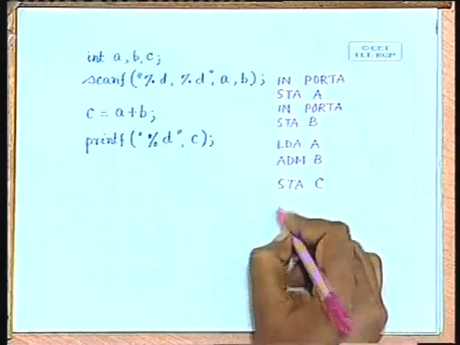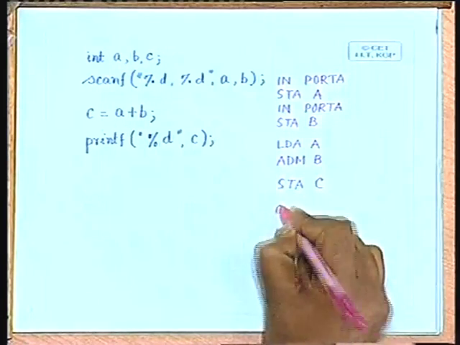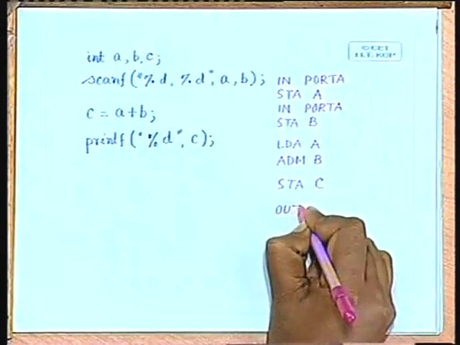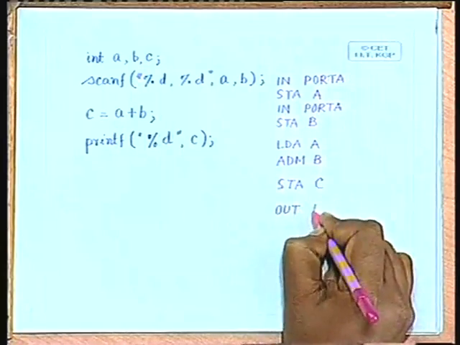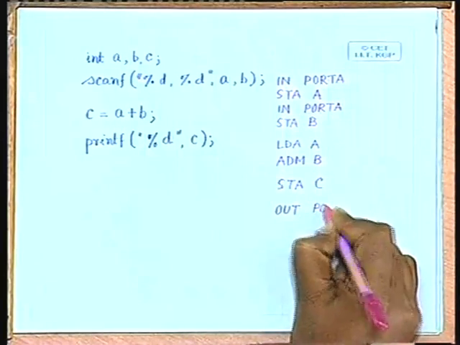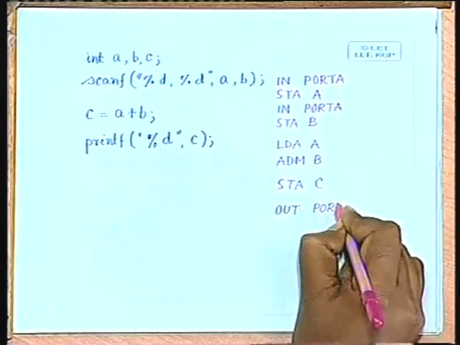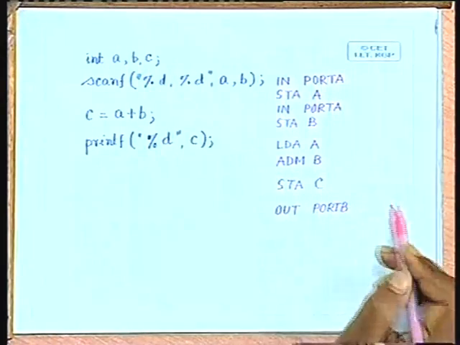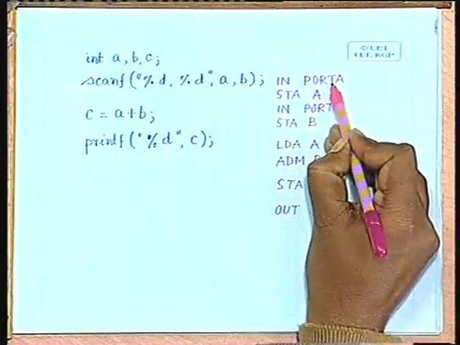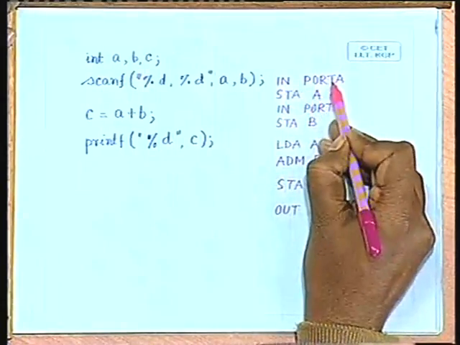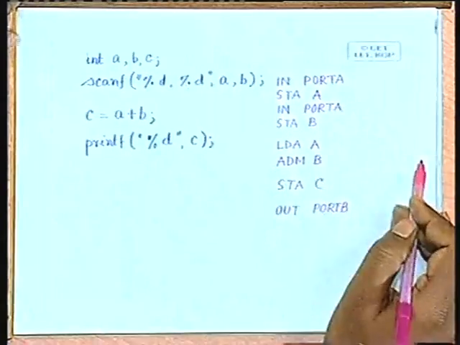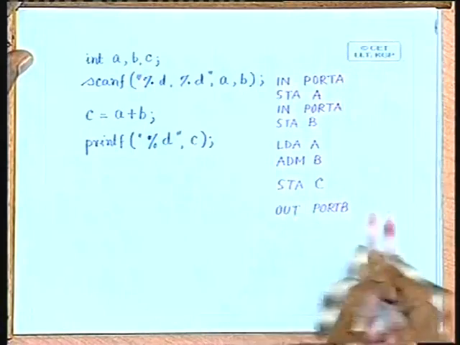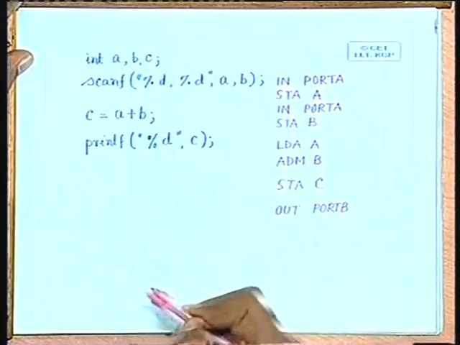Okay. So, the operation that we will perform is out, to some other port, say port B. So, you find that we have read in the values of A and B from port A, and we have printed, or outputted, the value to port B.